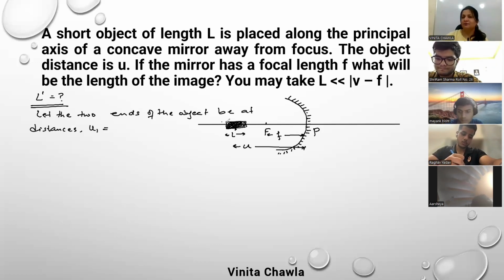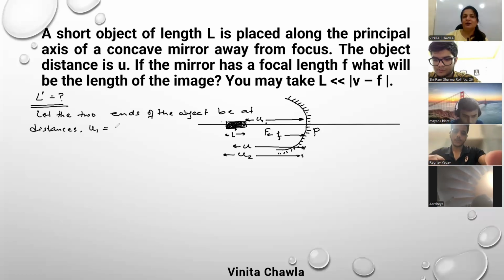These are the ends. Let this distance, from one end to the pole, be u1, and the distance between the pole and the other end of the object be u2.